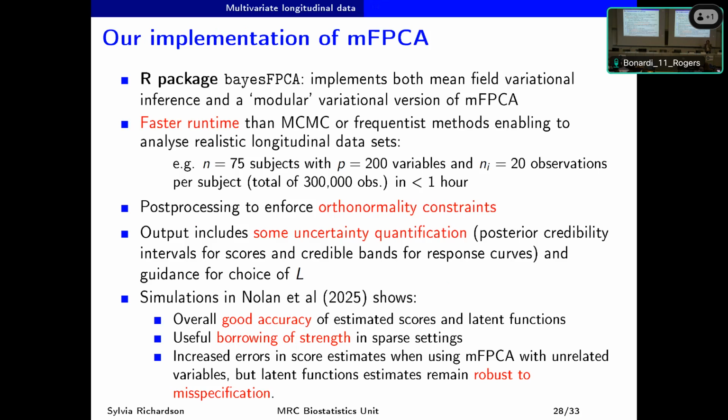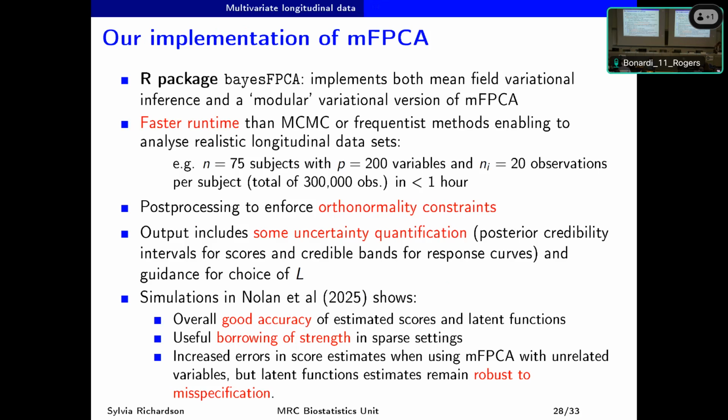We estimate them, and then it's a bit fiddly, but we make them interpretable and unique in the post-processing, not imposing orthonormality as we estimate. It's a choice. Some people do it during the estimation, some afterwards. We found that it worked well that way.